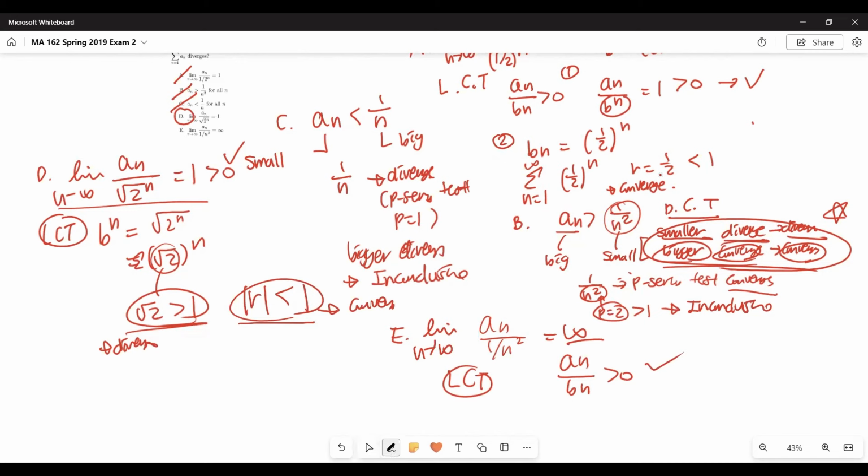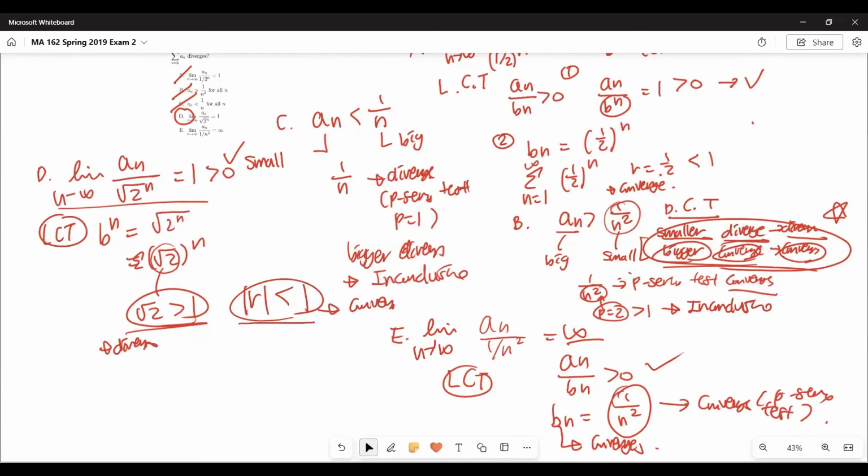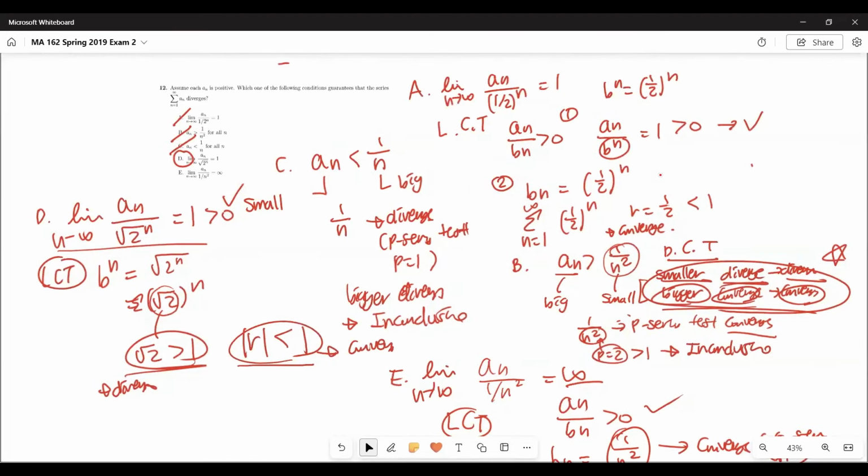But let's look at the b to the n value. B to the n is equal to 1 over n squared, which is converging by the p-series test. So the conclusion is converges, which is not the option that we are looking for. We are looking for the diverging. So it's not right. So the answer for this question is D.